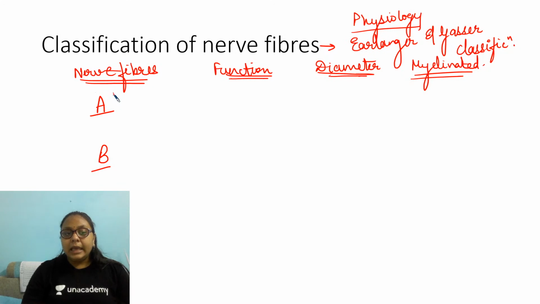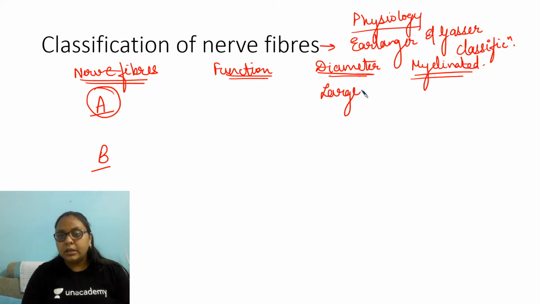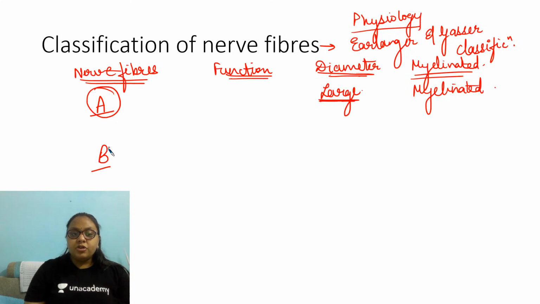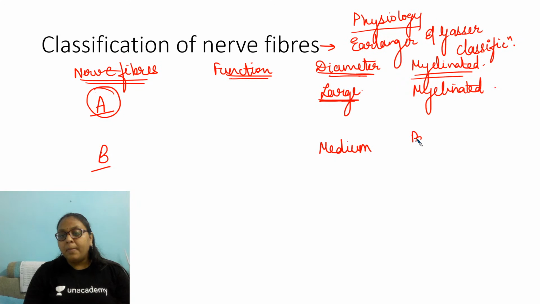Now the A nerve fibers are large diameter nerve fibers, and they are myelinated. जो B वाले fibers होते हैं, they are medium diameter nerve fibers and they are partially myelinated. Some of them are myelinated, some of them are non-myelinated.